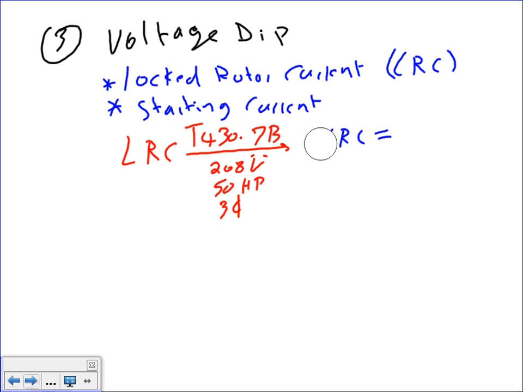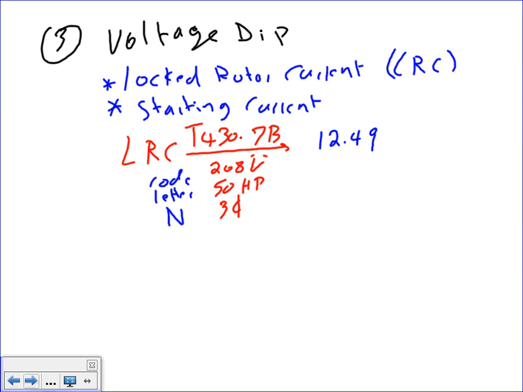And also the code letter, what's the code letter I gave you guys? N. For code letter N, what's the multiplier? 12.49, the highest.